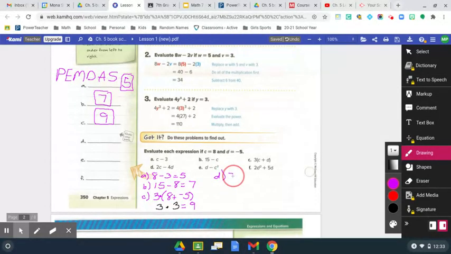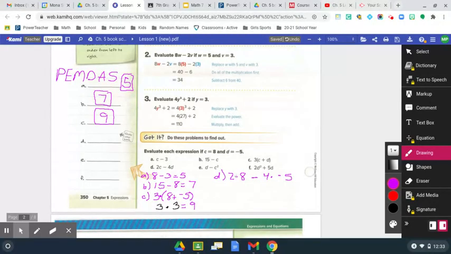Okay, so 2 times C, so let's look at that. C is 8. 2 times 8, 2 times C, minus 4 times D. D is negative 5. Okay, so I tried to space this out a little bit here so you can see it with understanding.